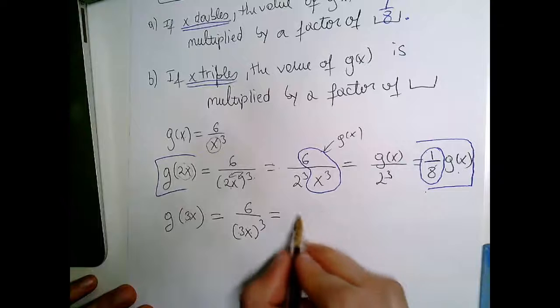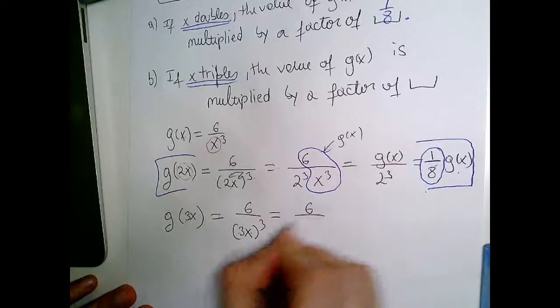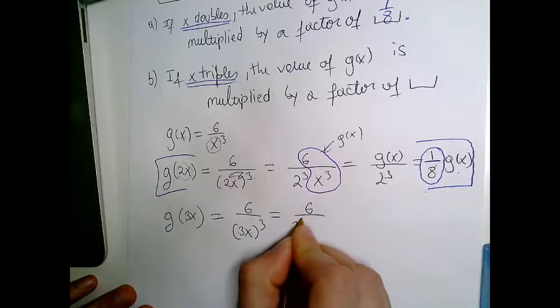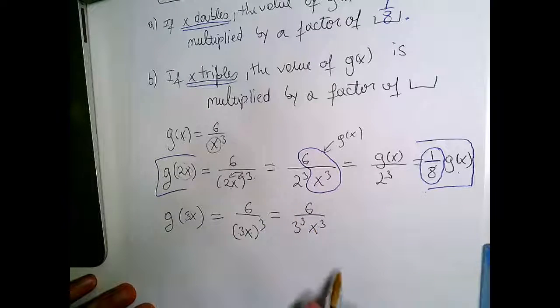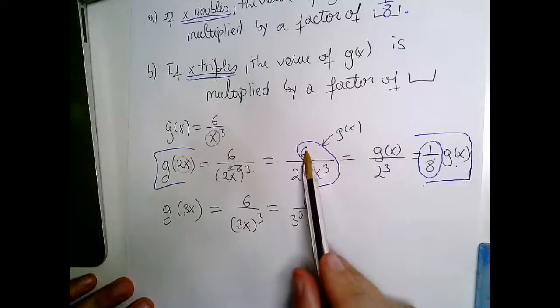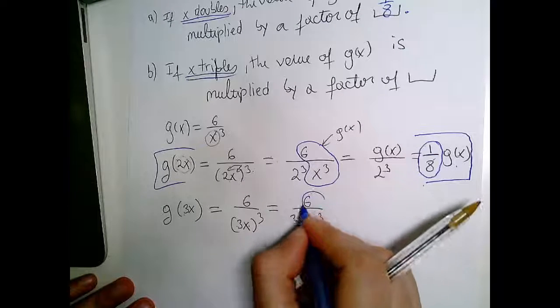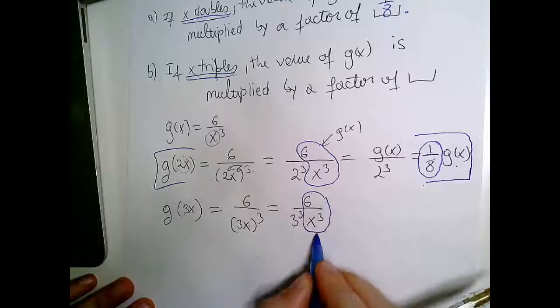Similarly, the goal is to rewrite this so that I have g of x. So I'm going to distribute the exponent, so 3 to the third times x to the third. Do not reduce this. See, we didn't reduce the 6 and the 8 earlier. The goal is to keep g of x intact.